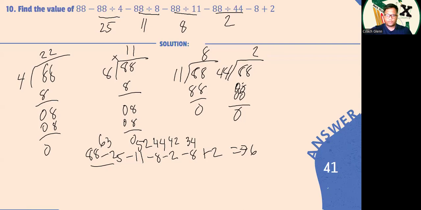The answer here should be 44. Okay, this was wrong. So the final answer should be 44.